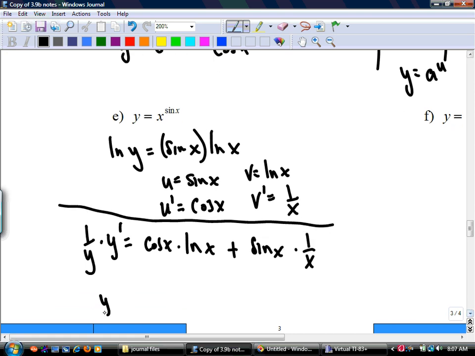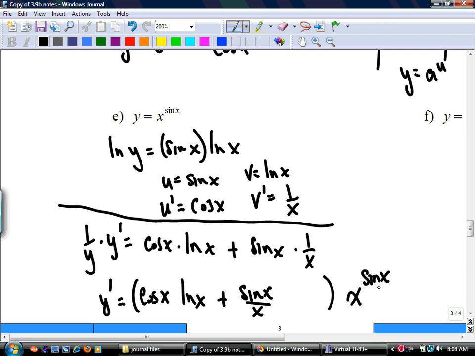So y prime equals, open a big bracket, and y is x to the sine x. So whenever you have a variable in the base and in the exponent, you must, shall, no choice, log it first.